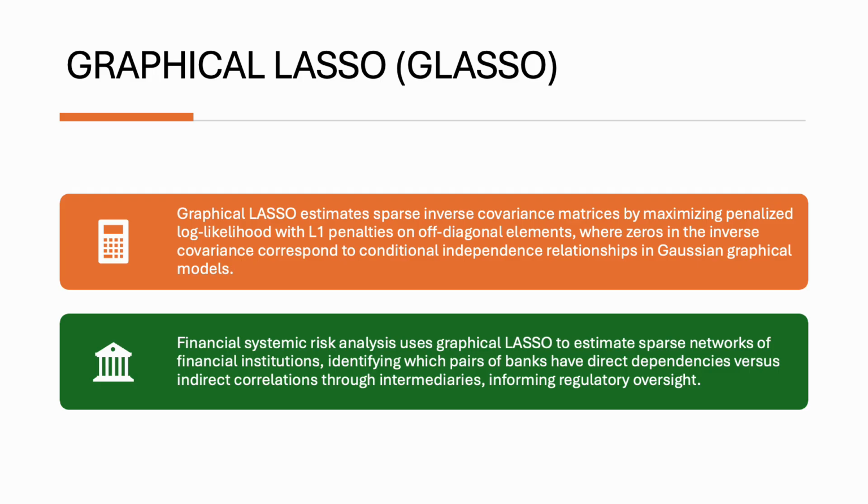Financial systemic risk analysis uses graphical lasso to estimate sparse networks of financial institutions, identifying which pairs of banks have direct dependencies versus indirect correlation through intermediaries, informing regulatory oversight.